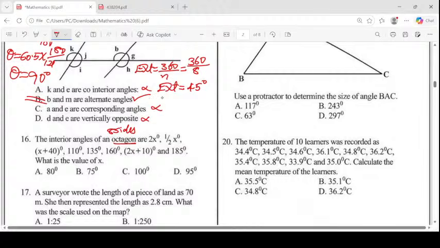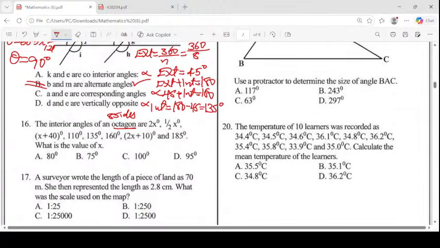If the exterior is 45, remember exterior angle plus interior angle should give me 180. So 45 plus interior angle is equal to 180, meaning the size of one interior angle will be 180 minus 45, which is giving us, is it 135? Yes. 135 degrees as the interior angle.